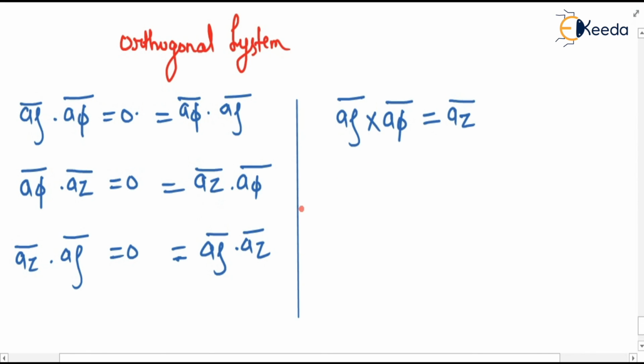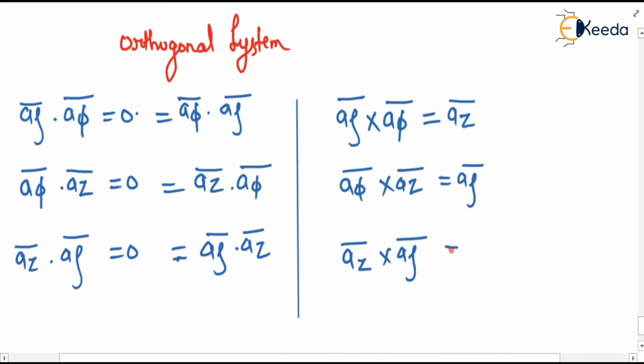Cross product, a rho cross a phi is equal to a z. Similarly, a phi cross a z is a rho. A z cross a rho is a phi. From rho to phi, going in the right hand direction, the z direction is obtained. If from phi to z we go, the rho direction is obtained, and from z to rho, the phi direction is obtained.